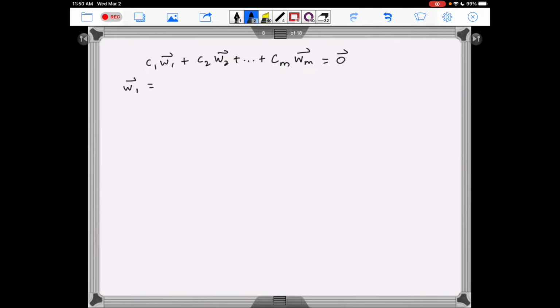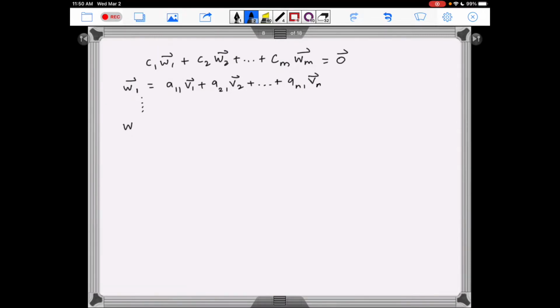So we actually need double subscripts for this. So I'm going to write it like this: A11 V1 plus A21 V2 plus all the way to AN1 VN. And we continue this pattern.